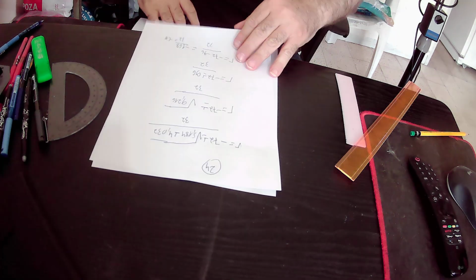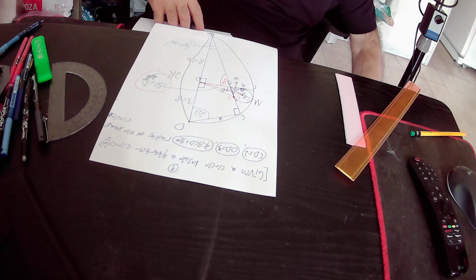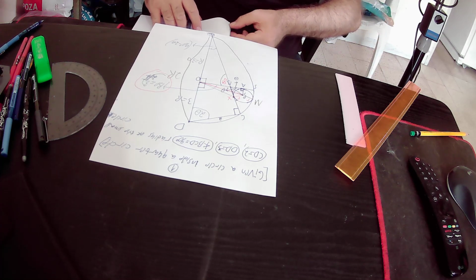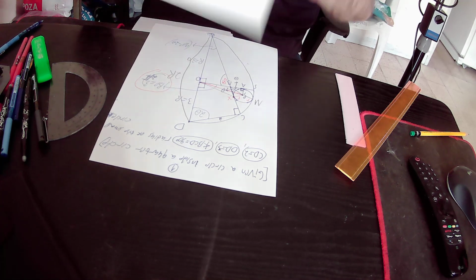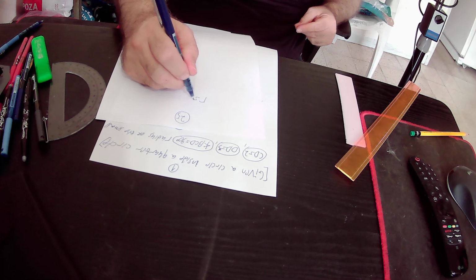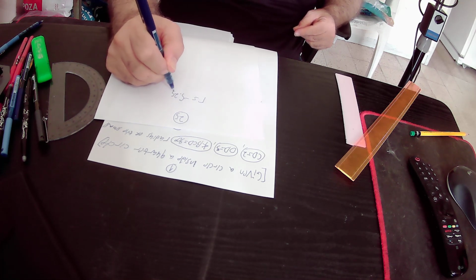So we found out that the radius of the small circle equals minus 5.25.